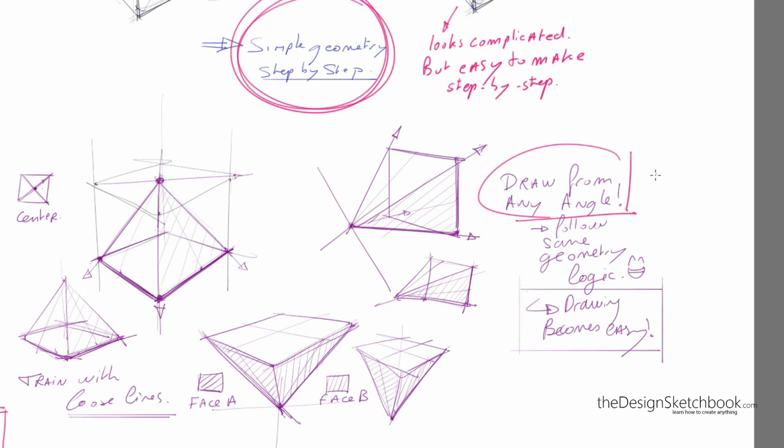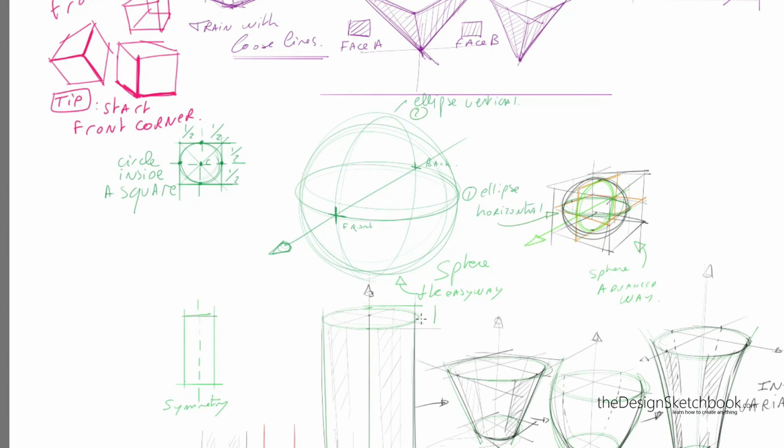And that's how, by training drawing the cube in perspective from any angle, you will also be able to draw this pyramid from any angle, this pyramid, or spheres or cylinders.